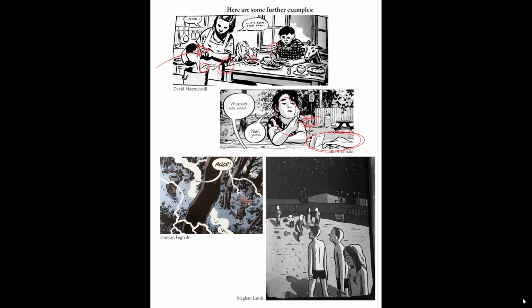Duncan Fegredo, this huge element in the front here, right? And it's separating the characters. This is overlapping everything, and then the characters are overlapping all the trees and everything in the background. I love this setup by Megan Lands, where these characters are overlapping, and it's just going all the way back and then up into the sky.